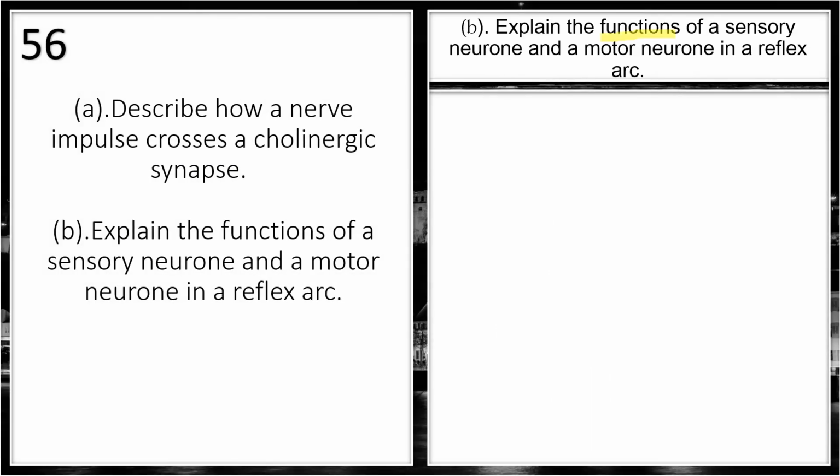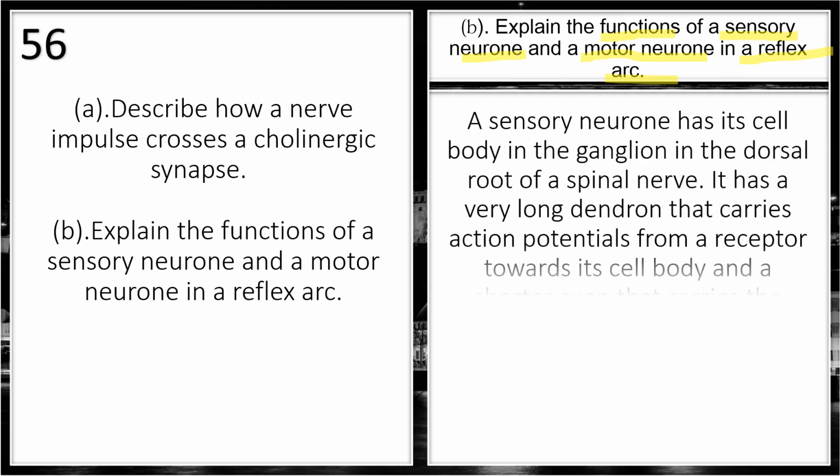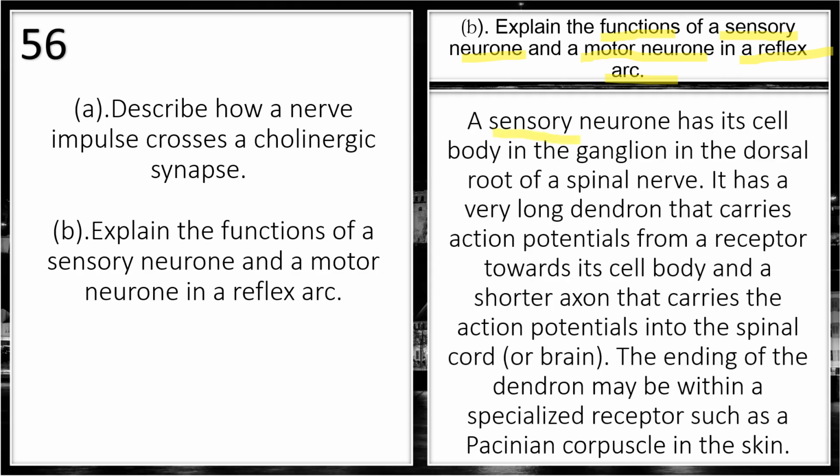Explain the functions of a sensory neuron and a motor neuron in a reflex arc. A sensory neuron has its cell body in the ganglion in the dorsal root of the spinal nerve.